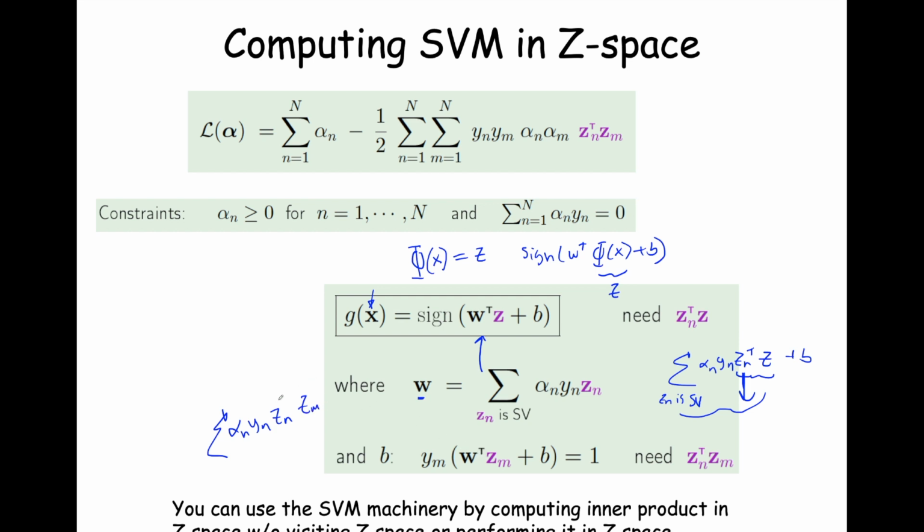And of course, w is transpose, so we say zn transpose. Guess what? We have the inner product. So all we need in order to compute the SVM in feature space Z is this inner product defined in Z space. So you can use the same machinery by computing the inner product in Z space. And now this claim that I'll make is that you can compute the inner product in Z space without ever having gone into Z space, without ever having done this transformation of phi.